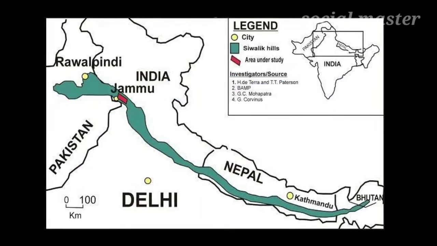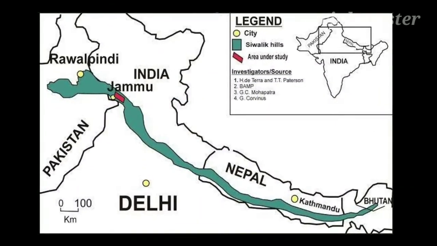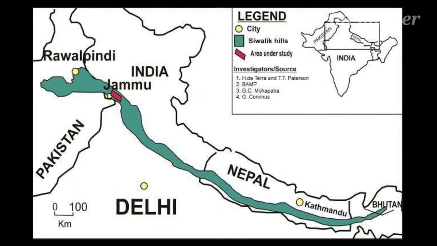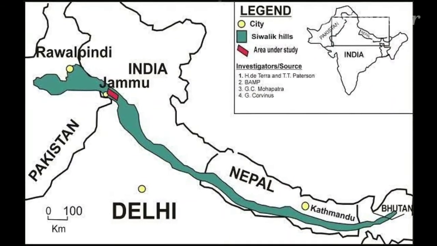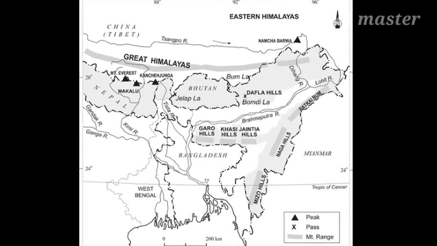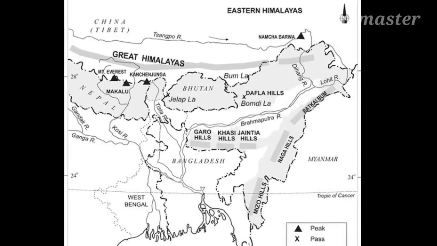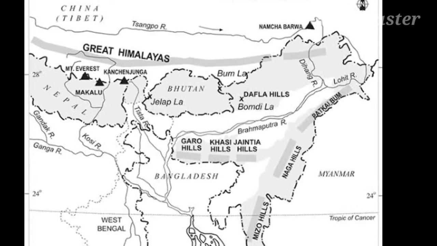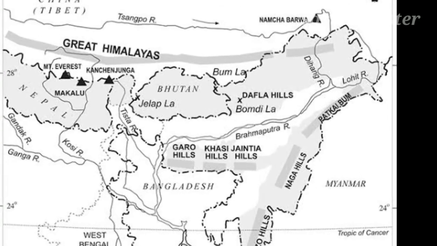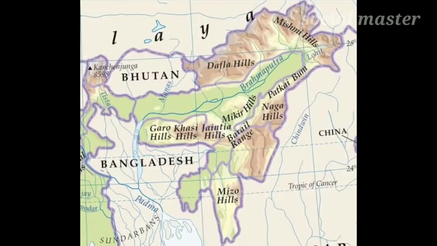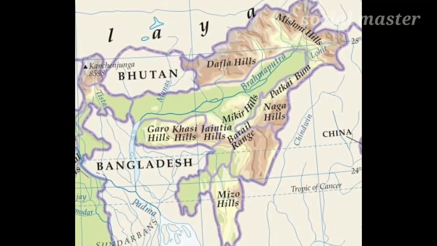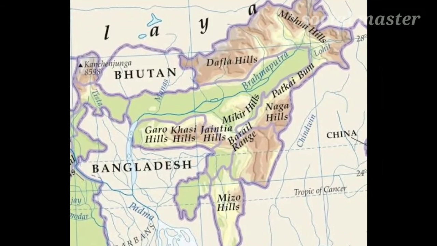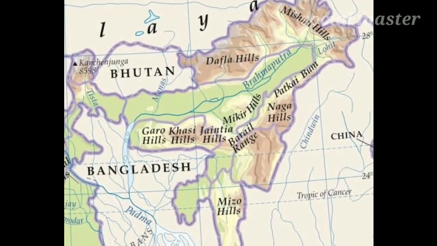These ranges are called by different names in different regions. In Jammu Kashmir, they are named Jammu Hills. In Arunachal Pradesh, they are called Mishmi Hills. In the Assam region, they are called Kachar Hills. These parts consist of thick gravel and alluvium.